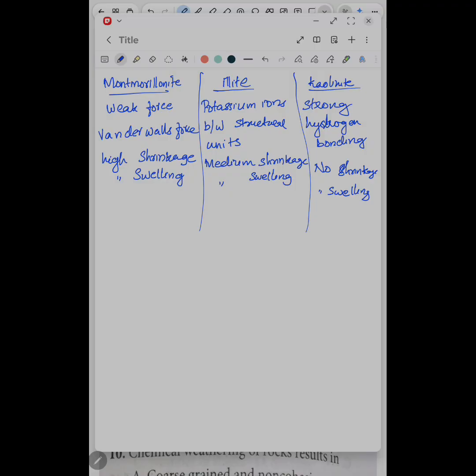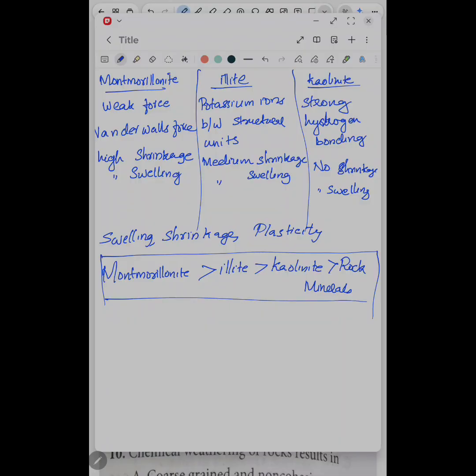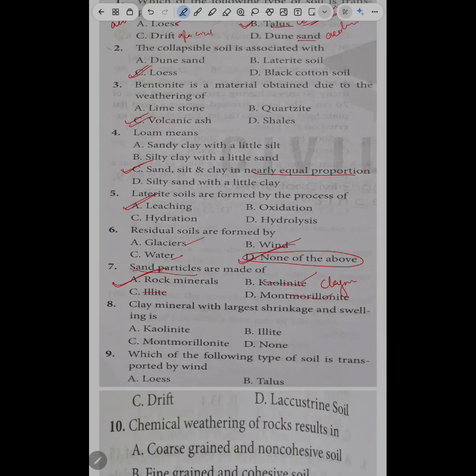The order for swelling, shrinkage and plasticity is montmorillonite, illite, kaolinite, and last rock minerals. So largest shrinkage and swelling is for montmorillonite, followed by illite, then kaolinite.